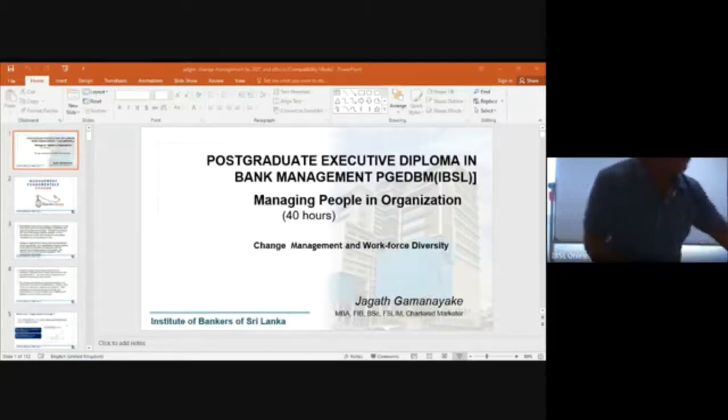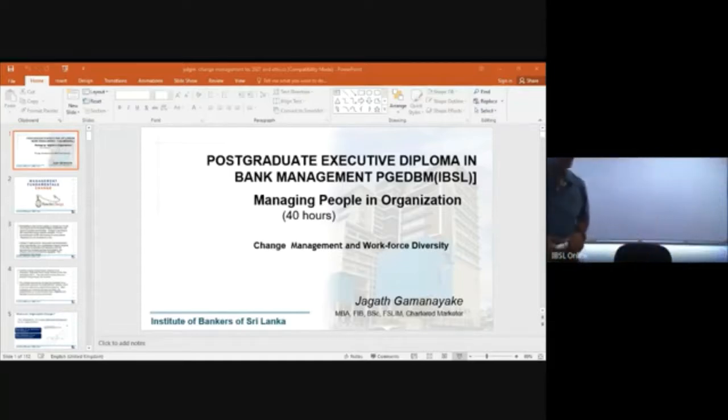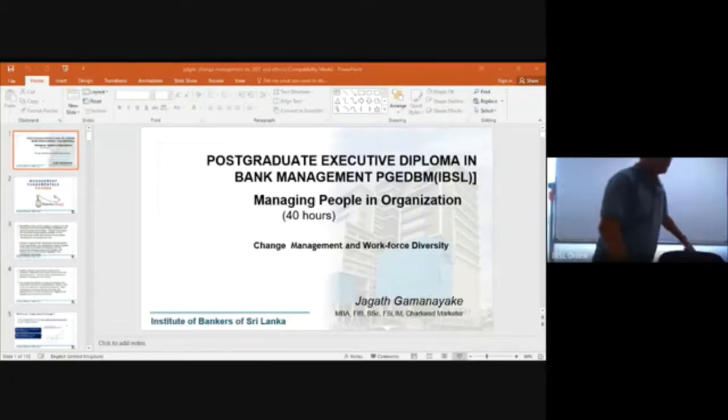If you want to see, resistance to change is due to job factors.